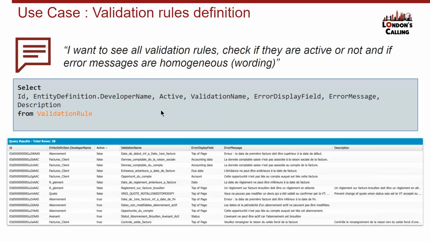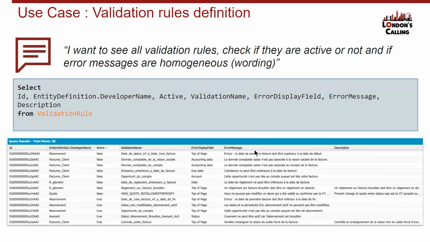This one is one of the queries I used a lot and I'm still using it. The first thing you want to do, if you want to be sure that every error message is using homogeneous wording, is use this query and Salesforce will provide you the error message for each of the validation rules.